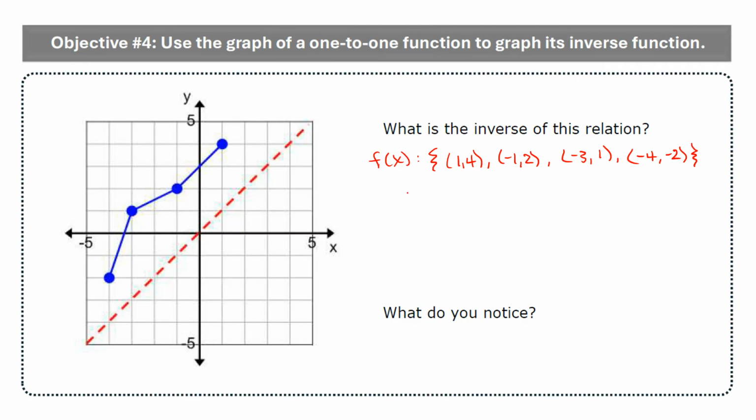Okay. So that means the inverse would have the ordered pairs (1, 2), (-1, 1), (-3, and -2, -4). Okay, so let's plot those points.